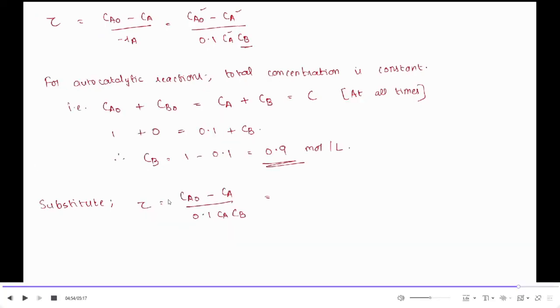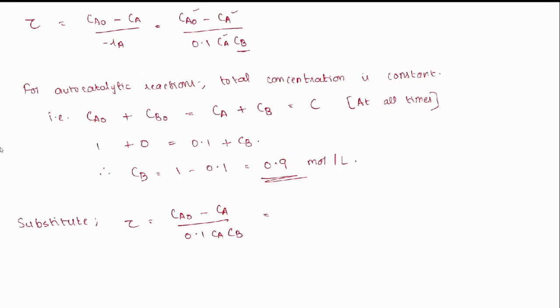So we just found out Cb from this balance, Ca0 plus Cb0 is equal to Ca plus Cb. This holds true only for autocatalytic reactions, and this is true for an autocatalytic reaction at any time. So using this, we found the concentration of Cb. We had the concentrations of Ca0, Ca from the question.